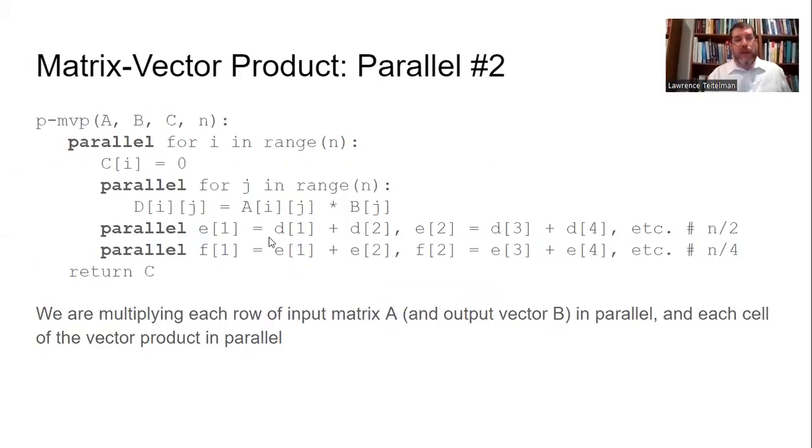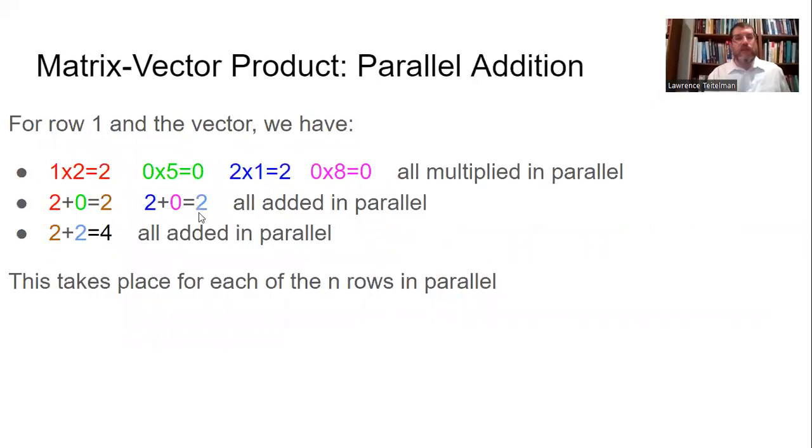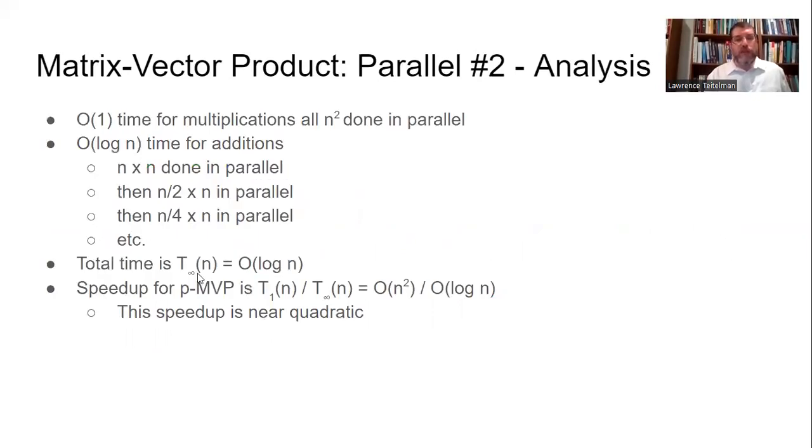Because we have log n of these statements. We're adding them in pairs, then the pairs get added to each other, then those pairs get added to each other, and so on. This is showing you the parallel addition, what is actually being computed. So the total time is log of n.